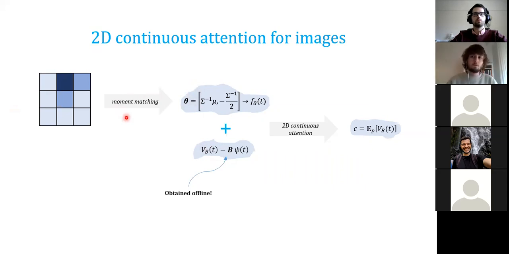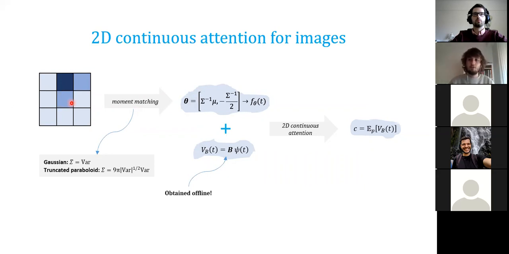But this could be done in other ways without using discrete attention at all. An interesting detail is that our setup does not increase the number of parameters in a neural network when compared to discrete attention. So for 2D continuous softmax, where the attention density is a Gaussian, we can obtain these parameters by simply computing the mean and the variance of the discrete representation.